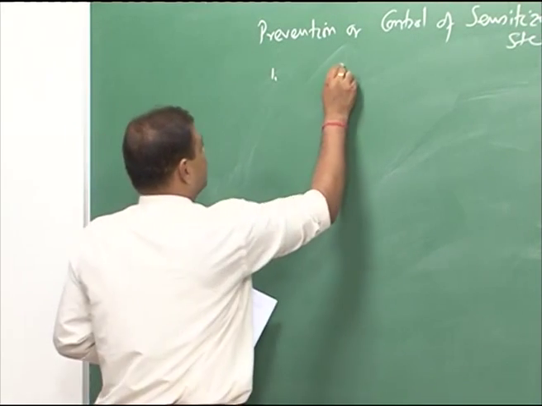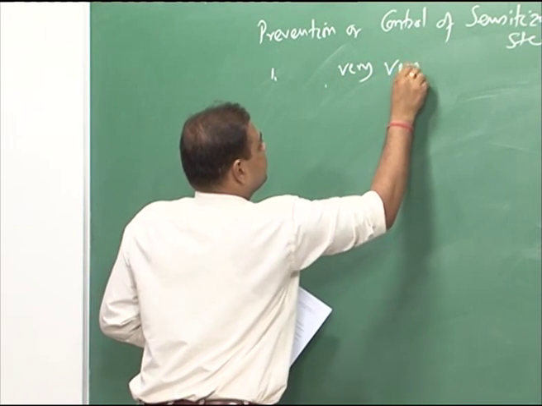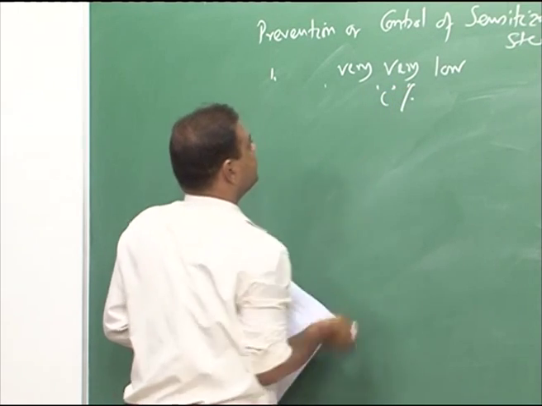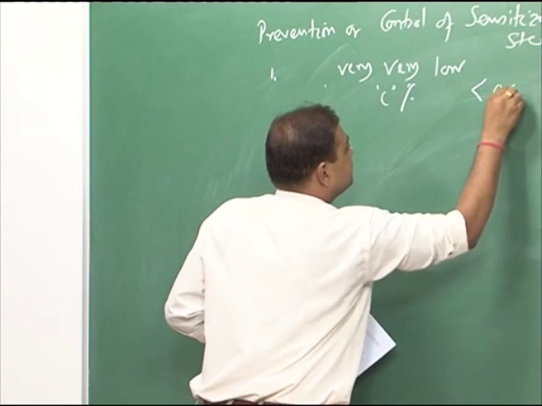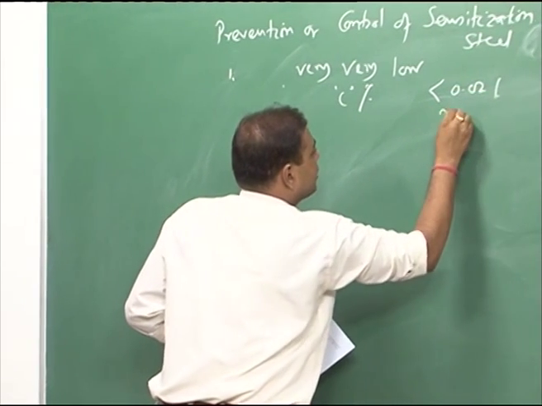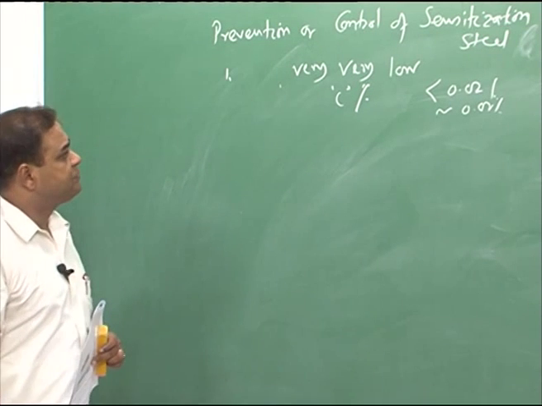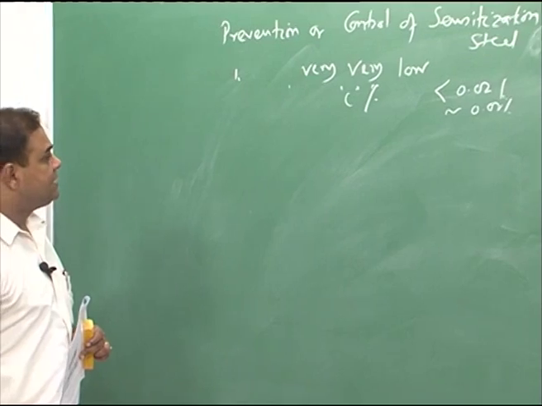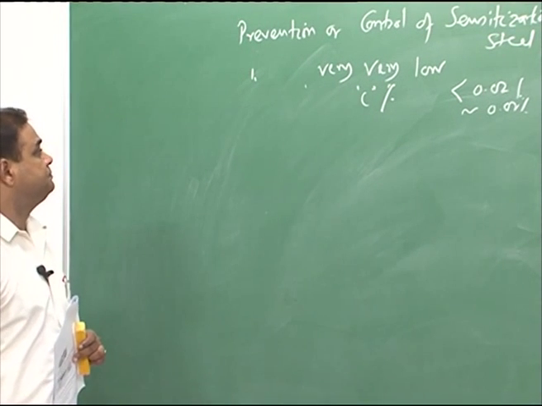So, if we can go for a very low carbon percentage, and if we can take the carbon content less than 0.02% or around 0.02%, that is basically low carbon austenitic stainless steel.